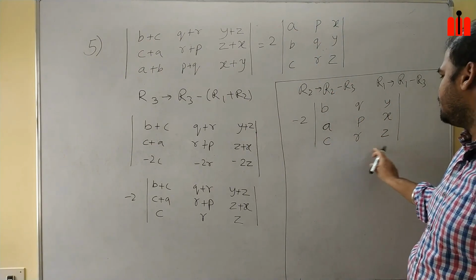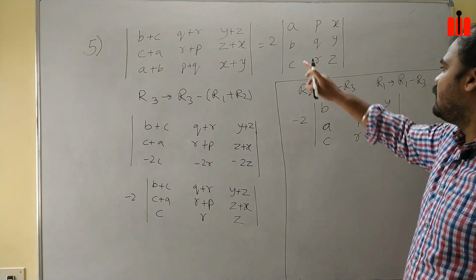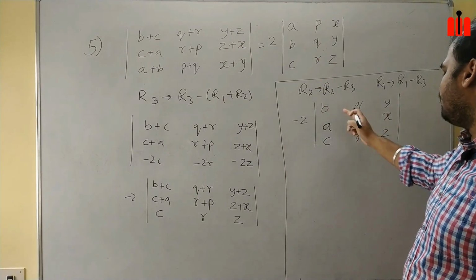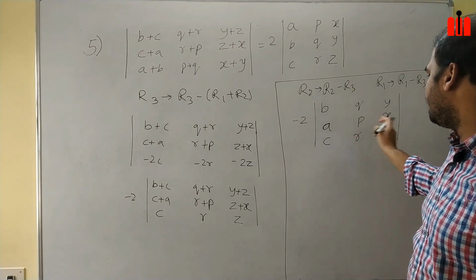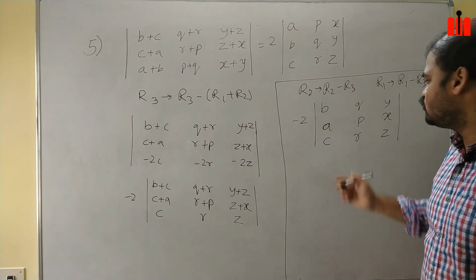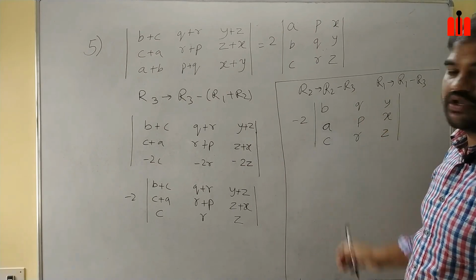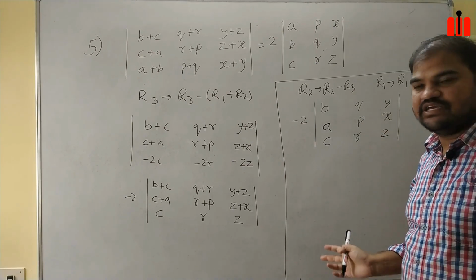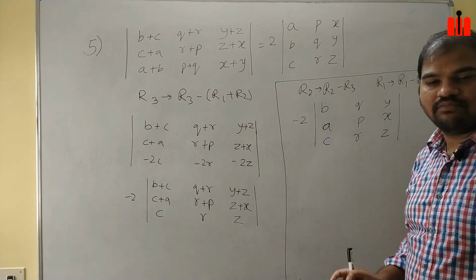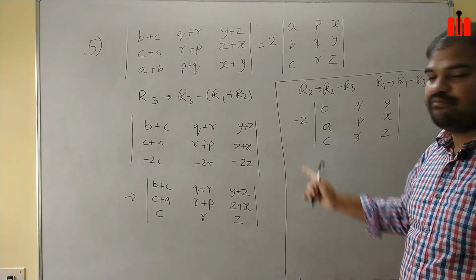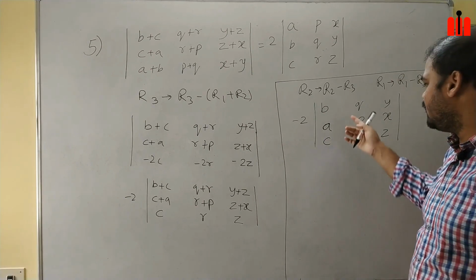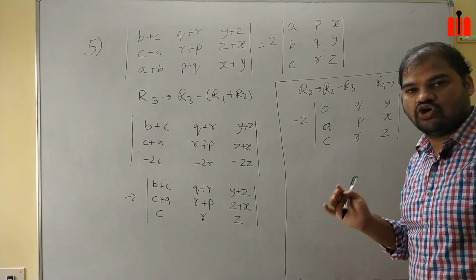So C R Z is in the correct position, it's in R3. Now B Q Y is in R1, we have to make it R2, and A P X we have to move to R1. So we will interchange these two rows. Whenever two rows are interchanged, a negative sign will come out. That is one of the properties. Your determinant will be multiplied by a negative sign whenever there is an interchange between two columns or two rows.